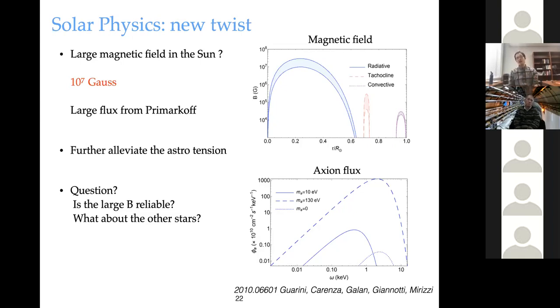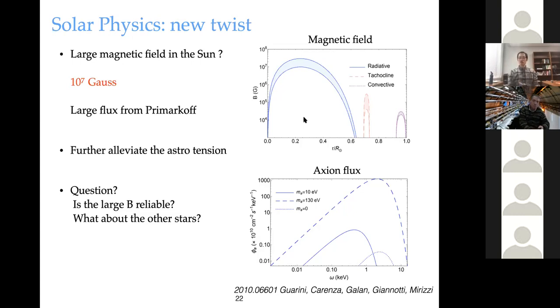What's the magnetic field in the Sun? It's actually in the right plot. They show that they imagine a very large magnetic field, 10 to the 7 Gauss in the inner region. The inner region doesn't have too much constraint actually. So you have a magnetic field, you have photons coming and hitting the magnetic field and producing axions.